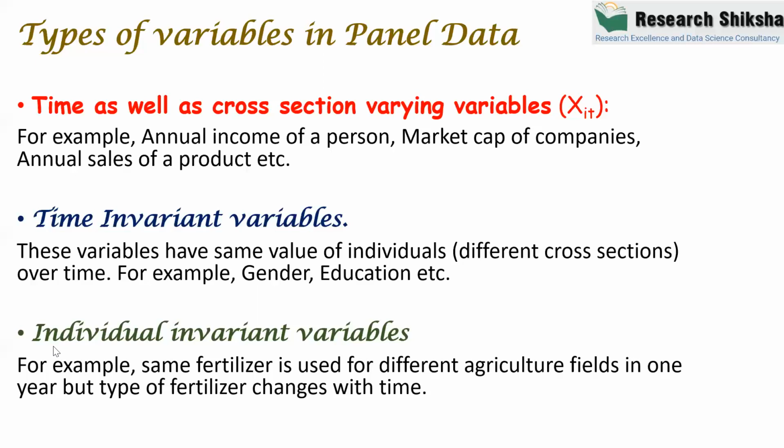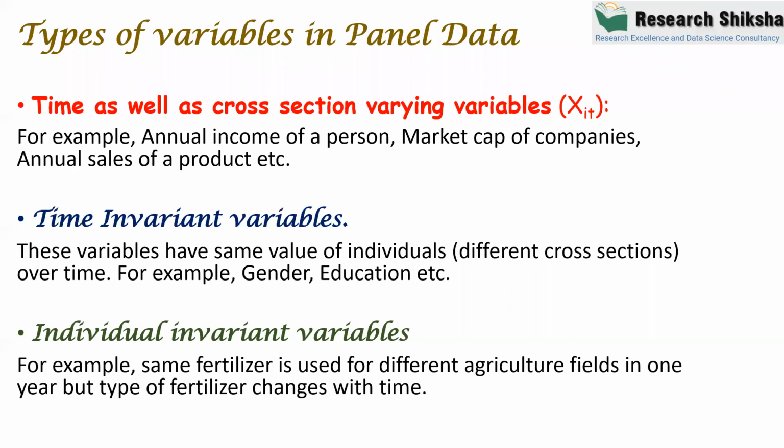The second kind of variables are known as individual invariant variables. For example, we are collecting the data of different states in India: the production in Uttar Pradesh, production in Delhi, production in Punjab, right? One of the variables which we consider is GDP. GDP of India is the same for all the states.